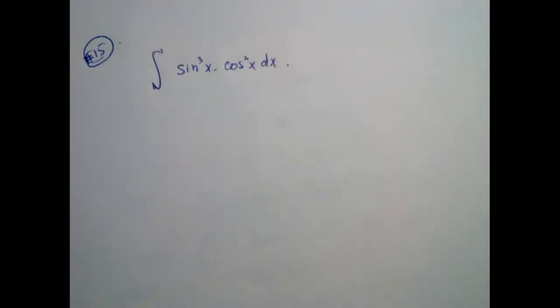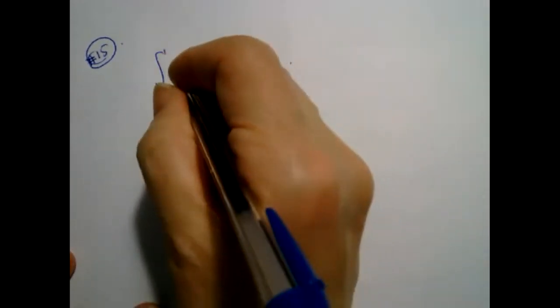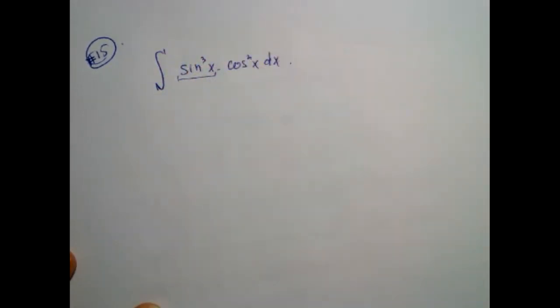All right, so now which one is odd? First, we look at it. One of them is odd. This is the odd power. 3 is odd, of course, 2 is even. We take the term with the odd power, and this is the one we are going to split.